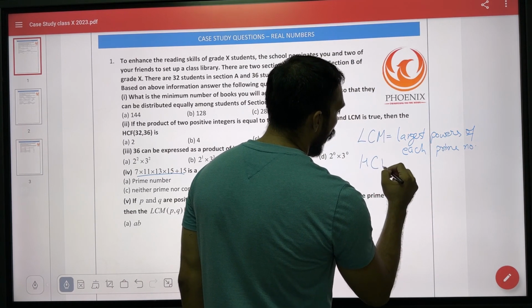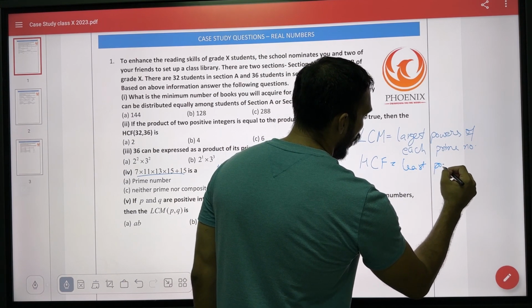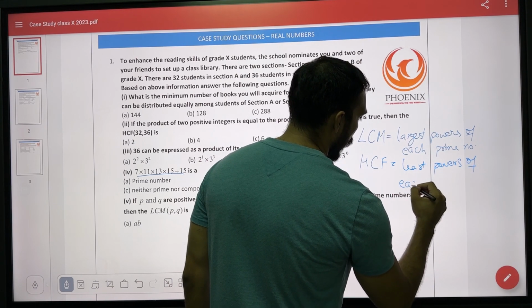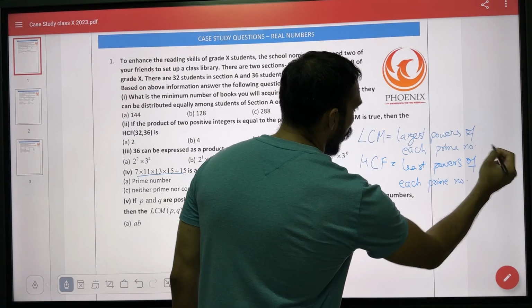And for HCF, we always pick the least powers of each prime number.